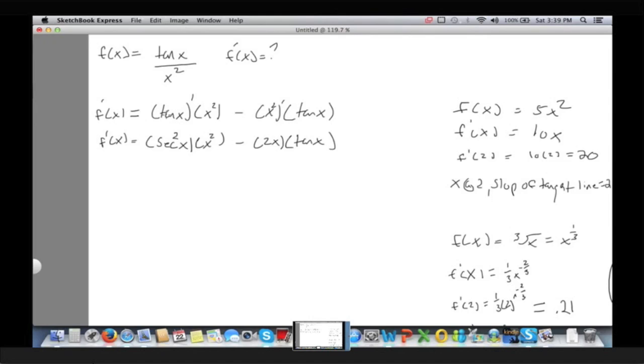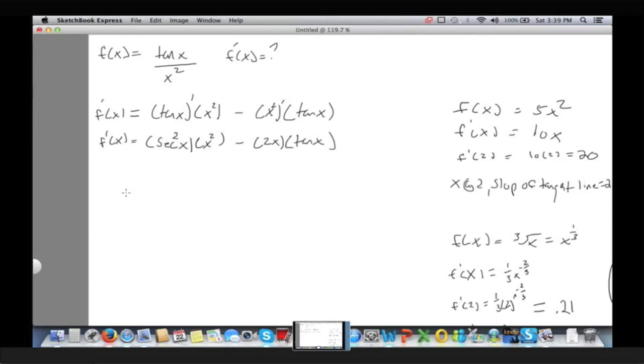Okay, so we had derivative of tangent x times the bottom, minus the bottom derivative times the top. Derivative of tangent is secant x squared times this value, derivative 2x times tangent x. And then, yep, okay. That's it.